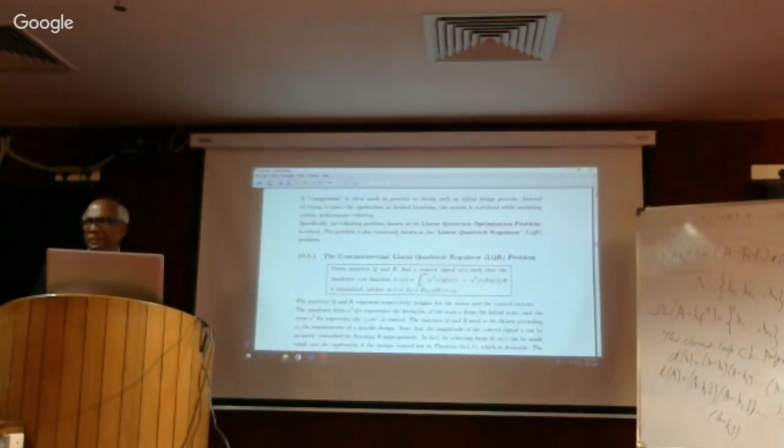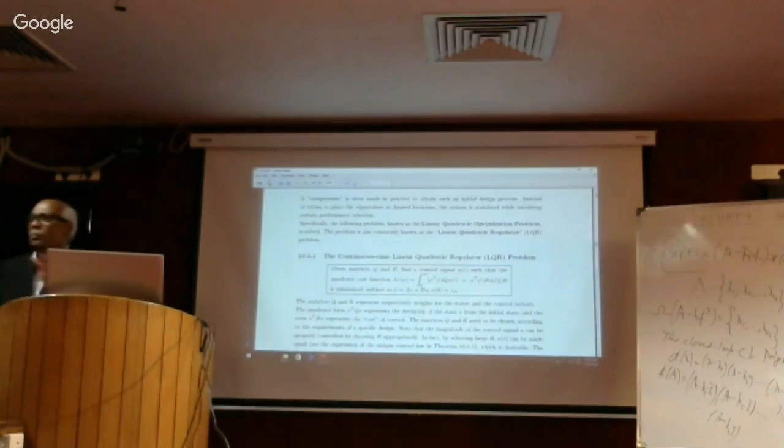Again, choosing Q and R is up to the designer according to his requirements, but he knows what Q and R mean. Q, as I said, is associated with the state, and x transpose Q x represents the deviation of the state from the initial state.